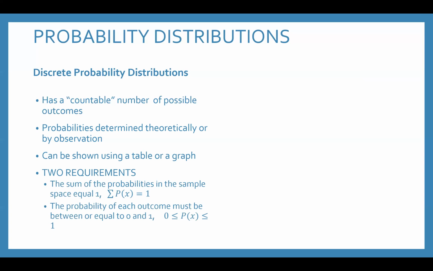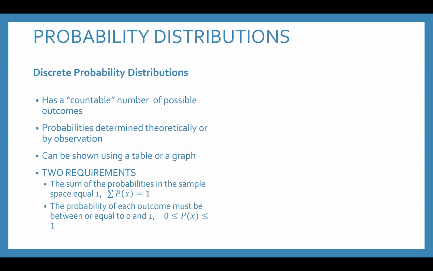The primary requirements for a discrete probability distribution really stem back to the basic rules of probability, which are that the probability of any outcome has to be between 0 and 1 inclusive, and the sum of the probabilities in the sample space equals 1.